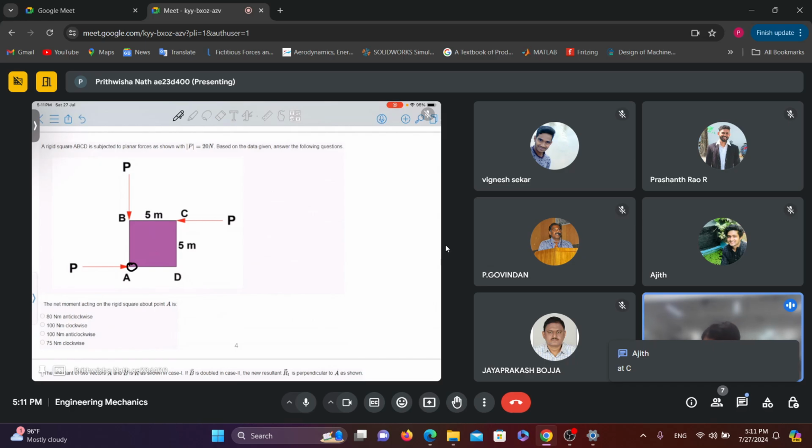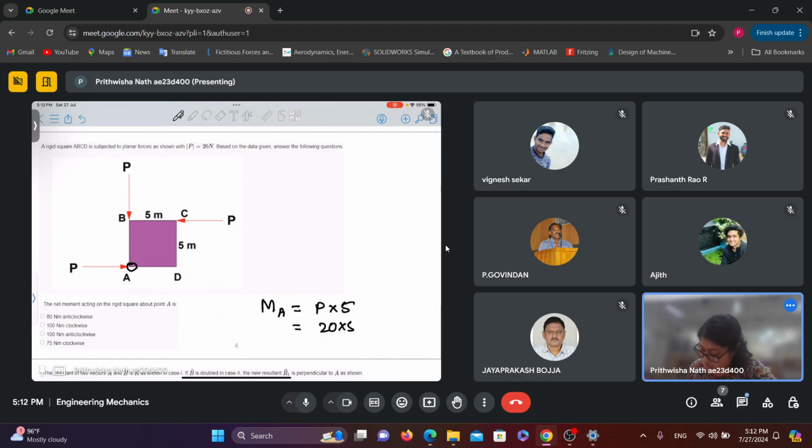The force acting at point C will only contribute to the moment. Moment about A I am representing by this. If I consider anti-clockwise movement to be positive, my answer would be P into 5, that is 20 into 5, 100 Newton meter. So the third option is correct.